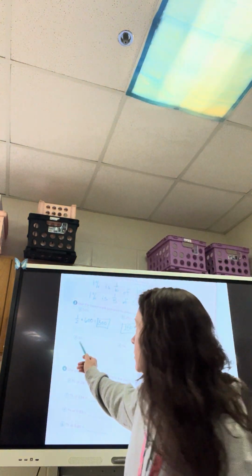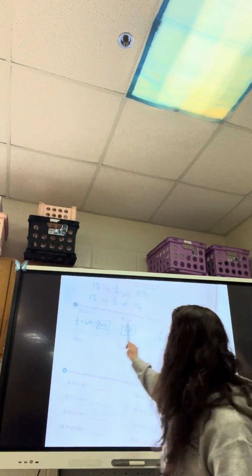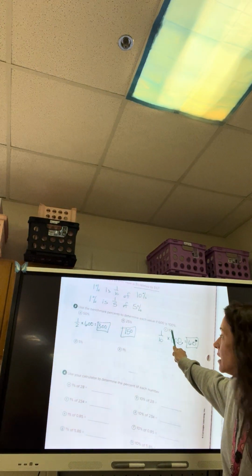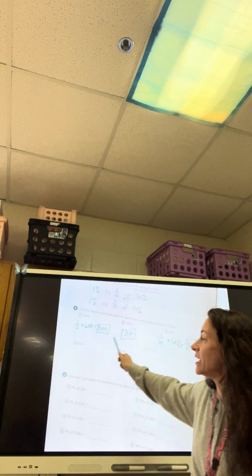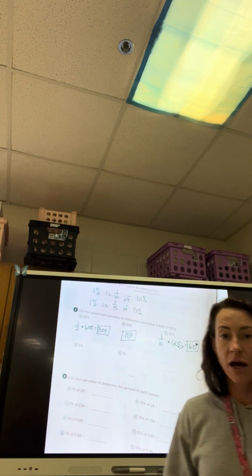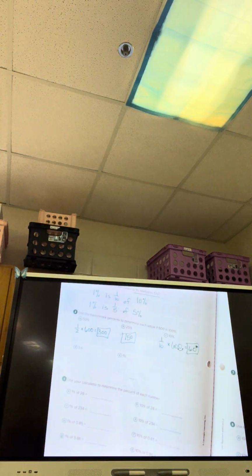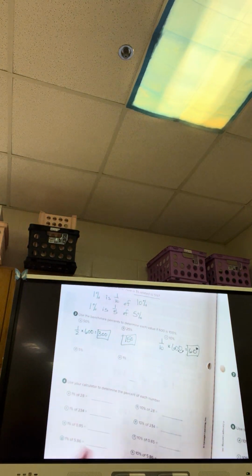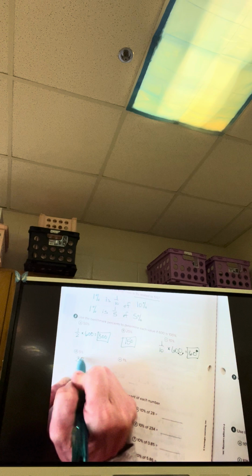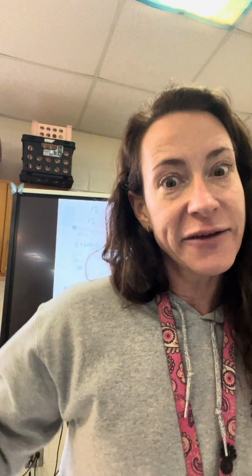5% is half of 10%. That means 5% is half of 60. And what's half of 60? 30. Okay? And I know 1% is a tenth of 10%, right?